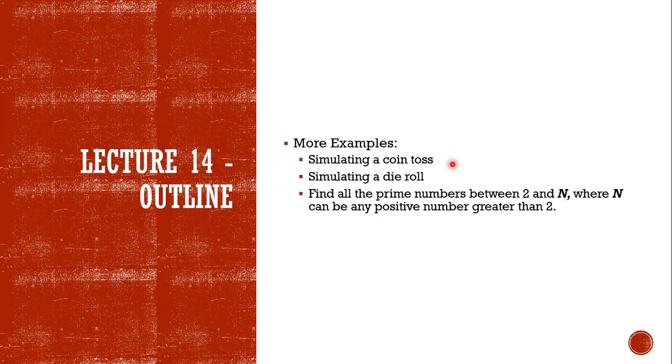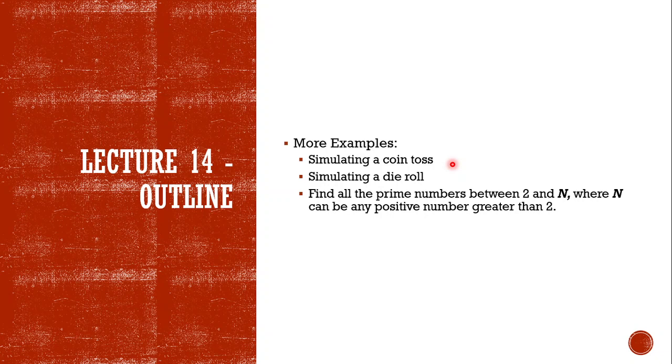Whenever you toss a coin, you have two possible outcomes, the heads and tails, and both these outcomes are equally likely. So we are going to generate random values or random numbers, and using those random values we are going to simulate the outcome of this experiment.